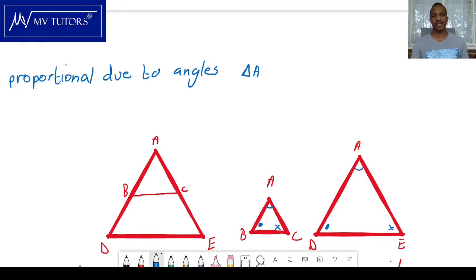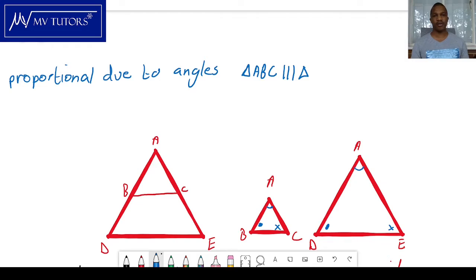So when you write the triangle proportionality theory, when you say these triangles are similar, you can say triangle ABC is similar to triangle. Now you have to put them in order, because if it's not in order, then it's not going to work.